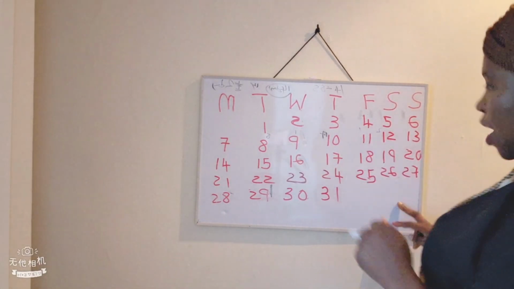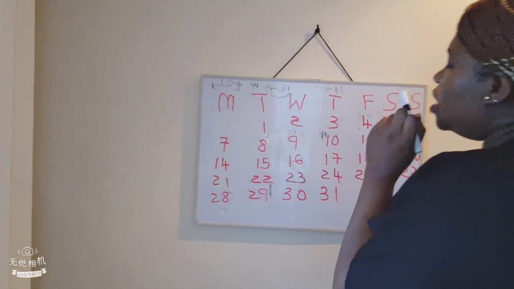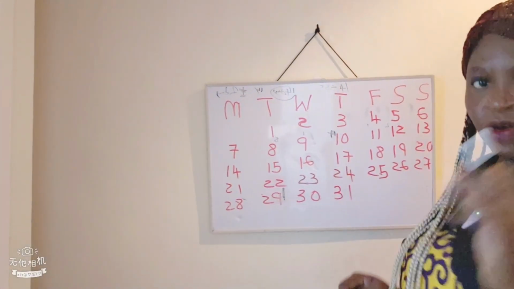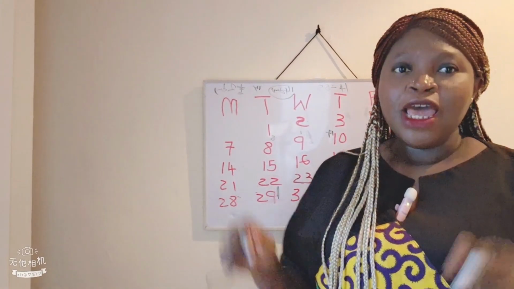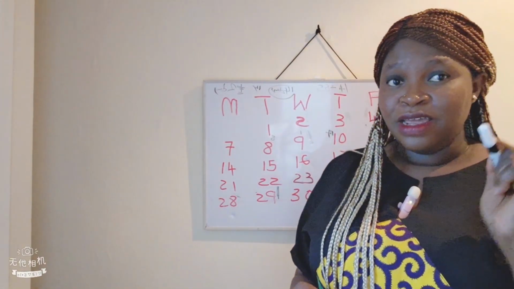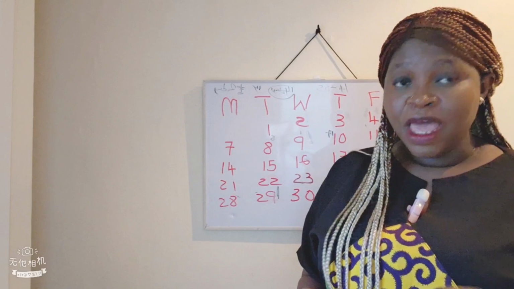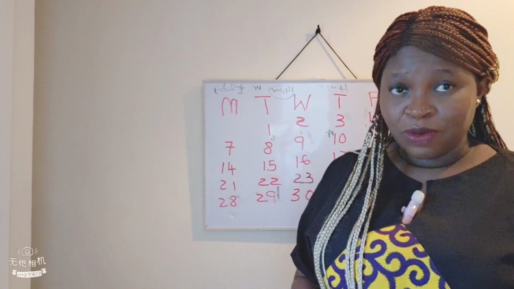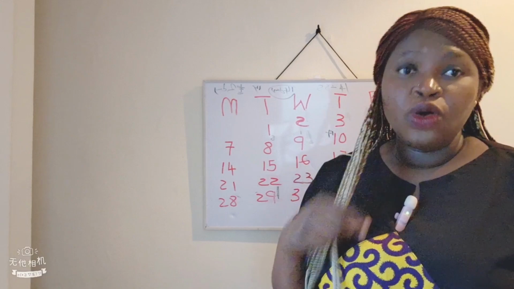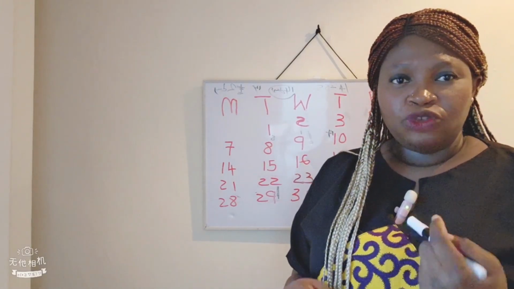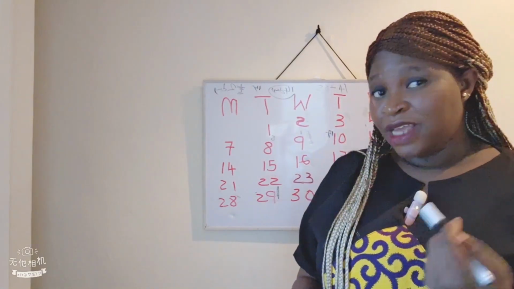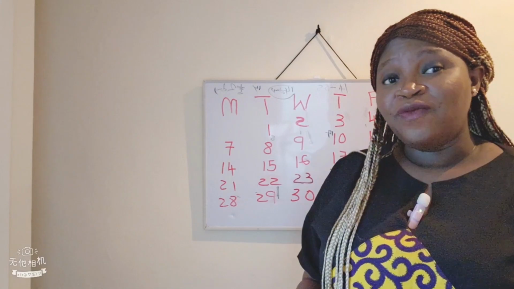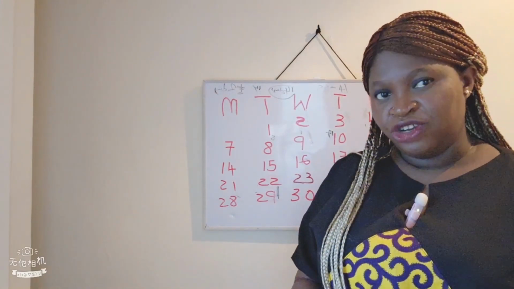Now, for you to calculate your fertile period, you know that a man's sperm can live up to 3 to 5 days in a woman's body. So if you're trying to calculate your most fertile period, you have to also put this into consideration.